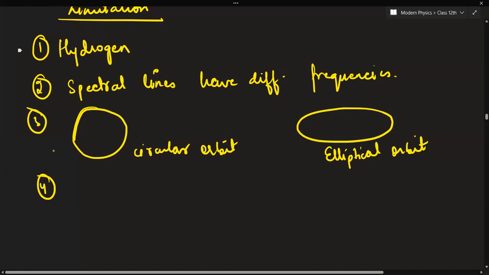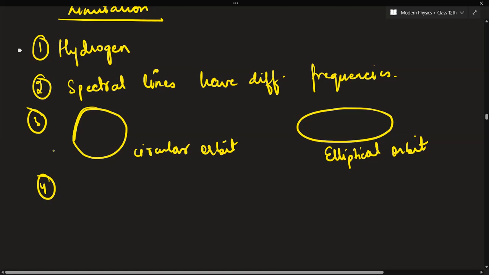The fourth point: see, what was the dual nature? Dual means two. One nature says that electrons are particles, which describes the particle theory, that is the photoelectric effect. The second phenomenon present in the dual nature is wave nature.